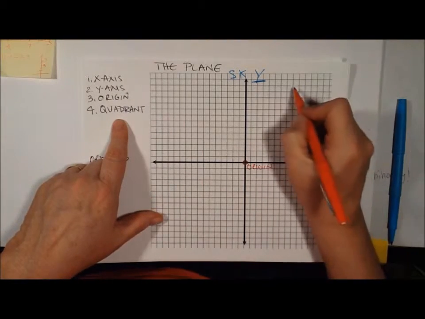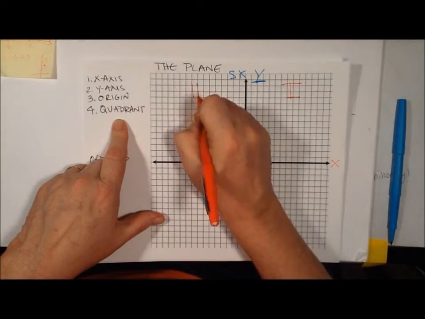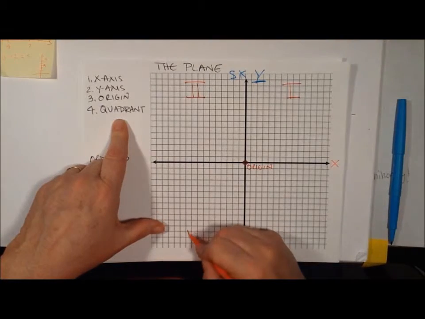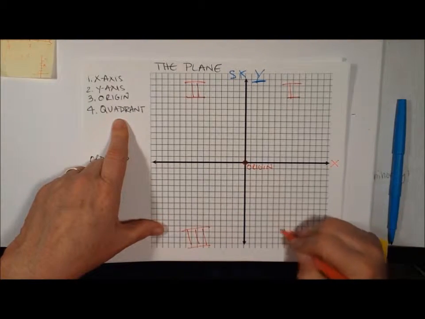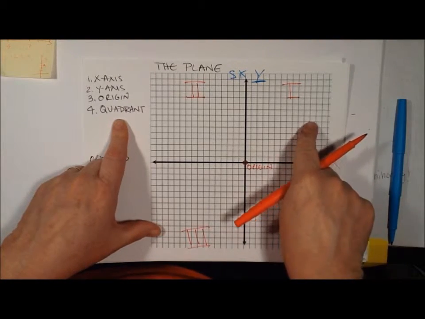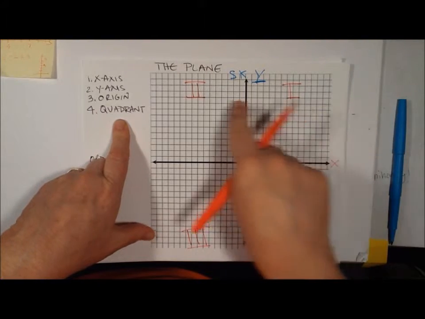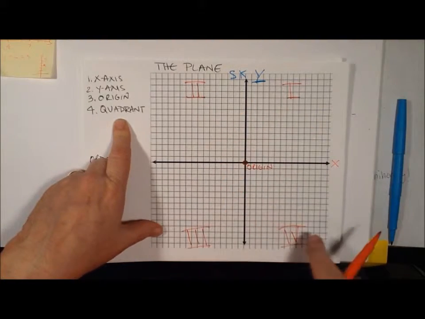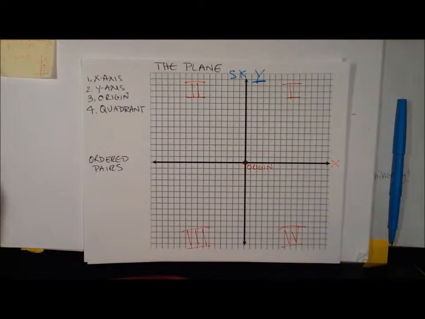This is quadrant 1, this one is quadrant 2, this is quadrant 3, and this is quadrant 4. First of all, notice that they go counterclockwise, and we always refer to them in Roman numerals. I don't know why, but we do.